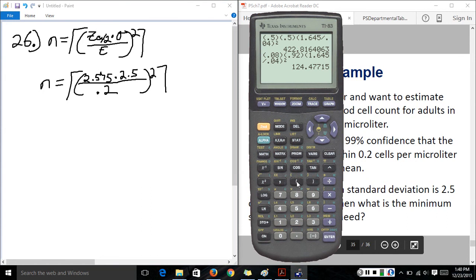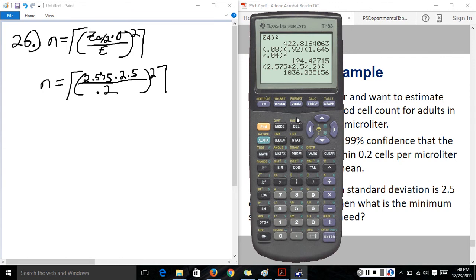I can also type this in the calculator just as it is written, as long as I use my parentheses. And I get my answer.